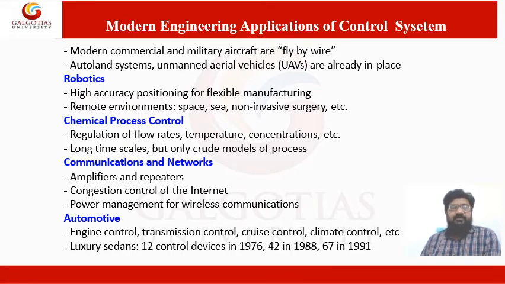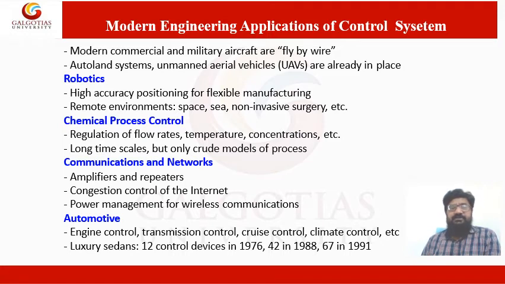In chemical process control, we want to control the rate of chemical reaction, concentration, temperature, etc. So we want to regulate flow rates. In communication and networks, amplifiers and repeaters use the theory of control systems.